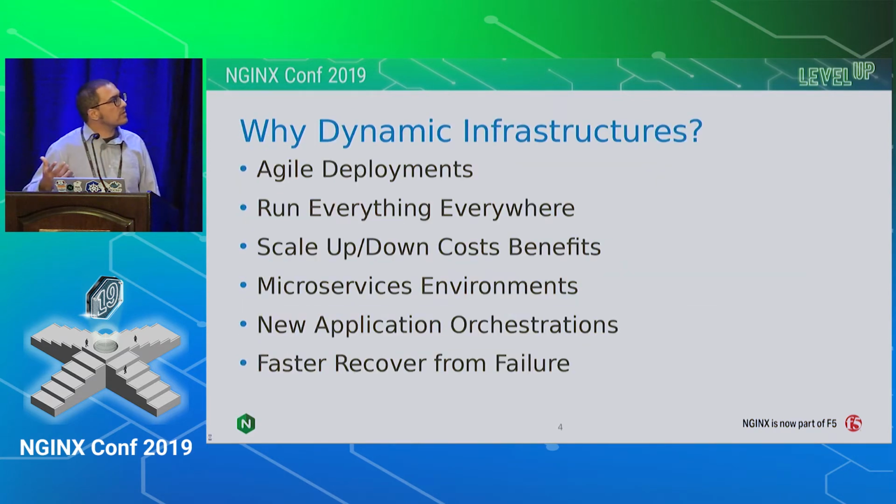So let's start with why do we need dynamic infrastructures? Well, right now, everyone wants to deploy things faster. So we need agile deployments. We need to run everything everywhere because we need to be able to run our applications in our on-prem environment, and we need to run in whatever cloud we choose.